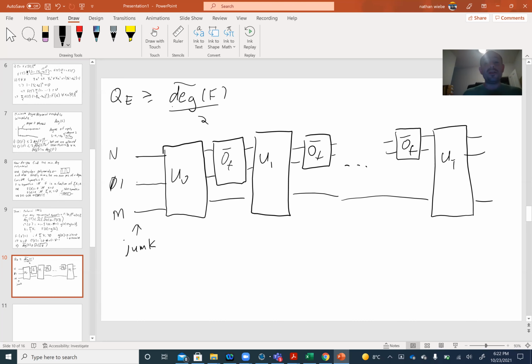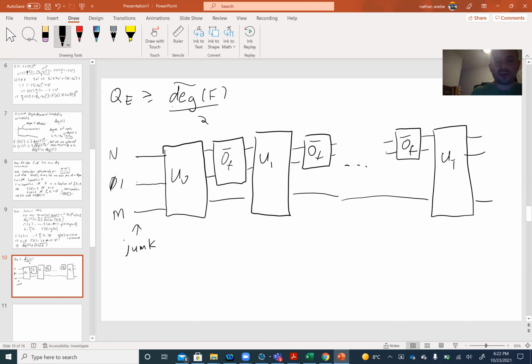So this circuit describes every possible t-query algorithm because the U's are allowed to be anything we feel like, including identities in some cases. They could be whatever.